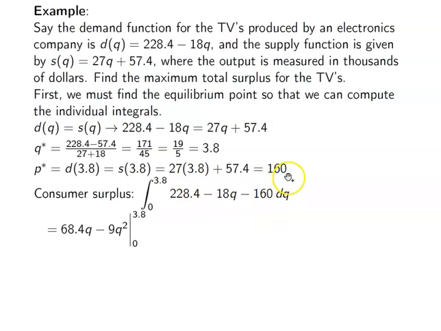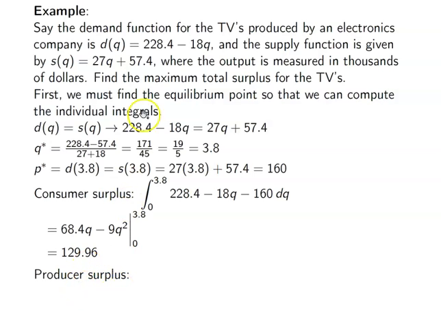We just combine our like terms, which gives me 68.4 minus 18Q. When I integrate that, the Q term turns into Q squared and divides by 2. Very clearly, when we plug in 0, this whole thing goes away, so we only have to plug in 3.8. That comes to 129.96.